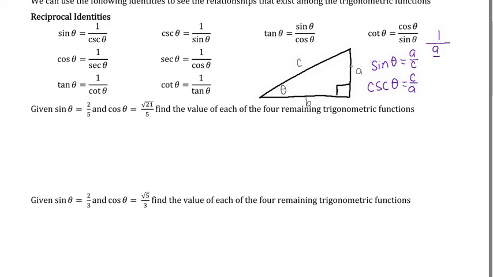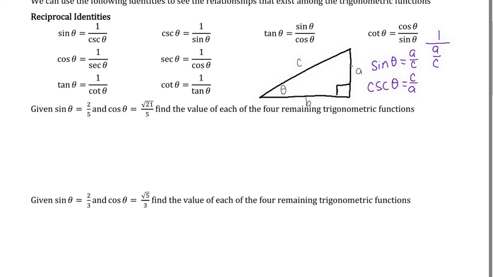So 1 over A over C is equal to 1 over 1 times C over A.